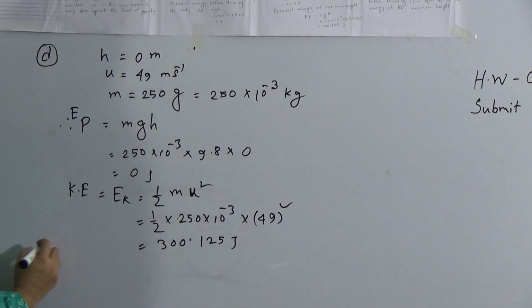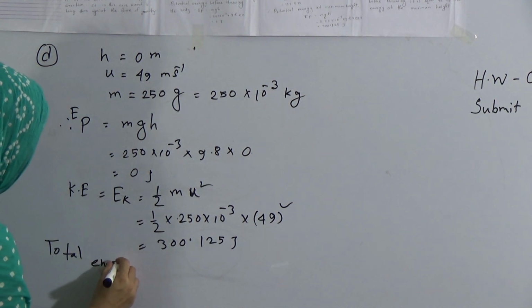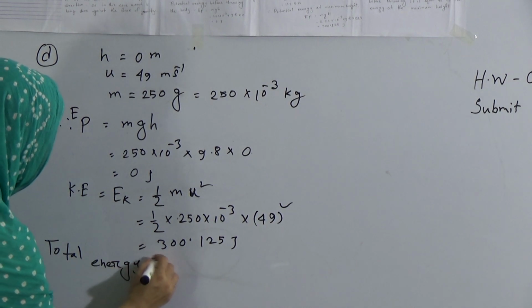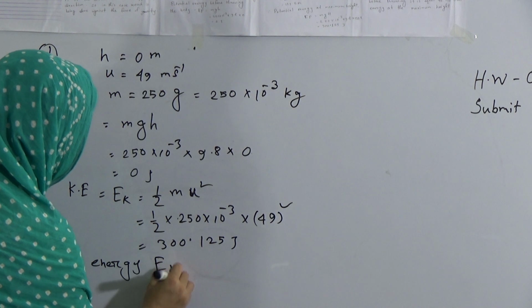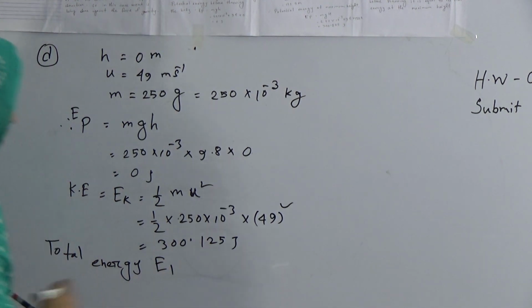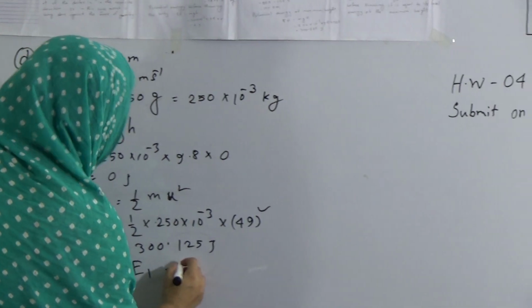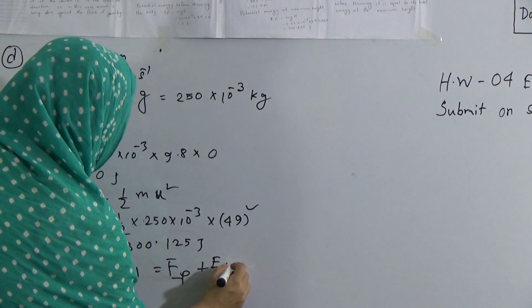So the total energy will be E. Suppose this one is E before, before throwing the body, E1. E1 equals EP plus EK.